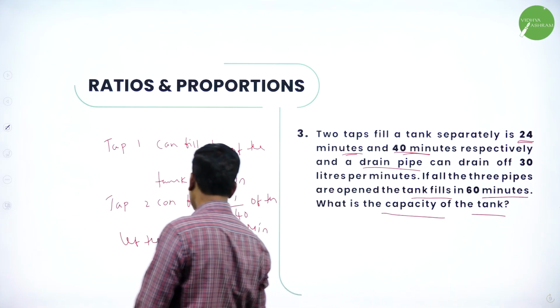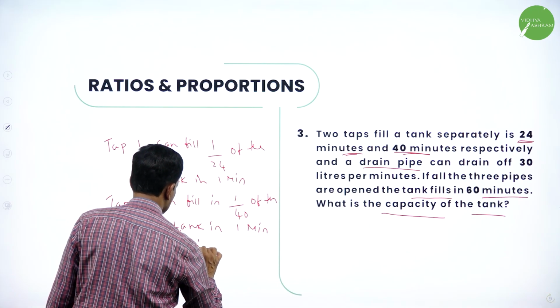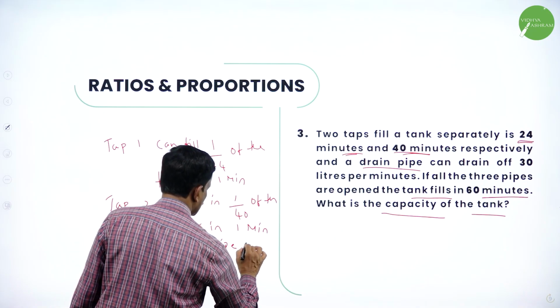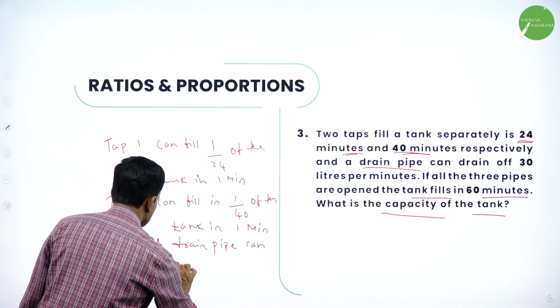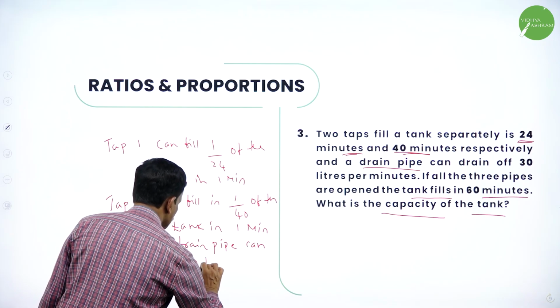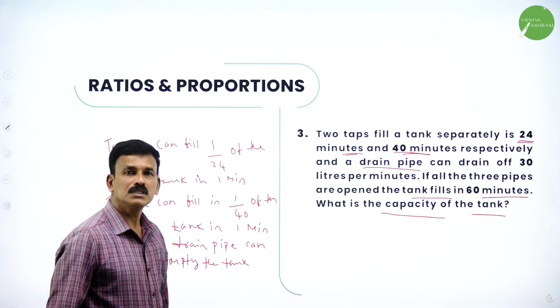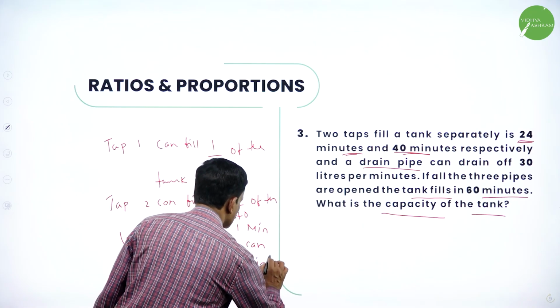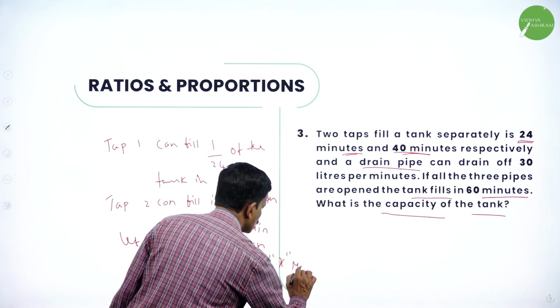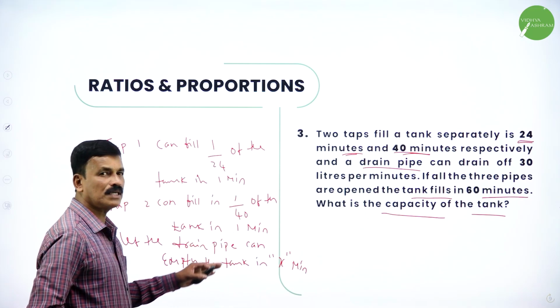Let the drain pipe empty the tank in x minutes. Now, in 1 minute the drain pipe empties 1/x of the tank.